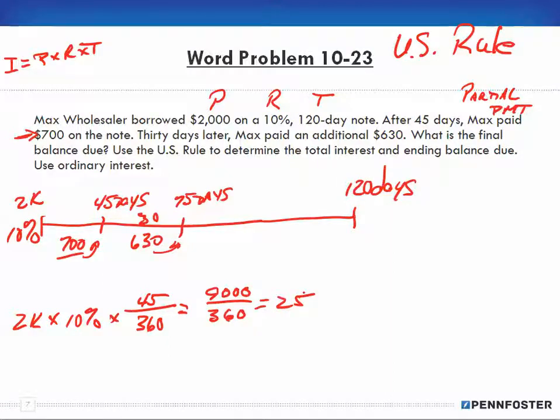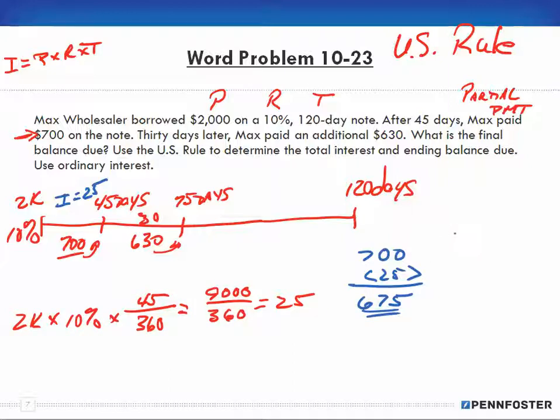So I have $25 in interest for this period, and he's paying $700. We take the interest out first, so we take out the $25, and that means we have $675, which now goes against the principal.